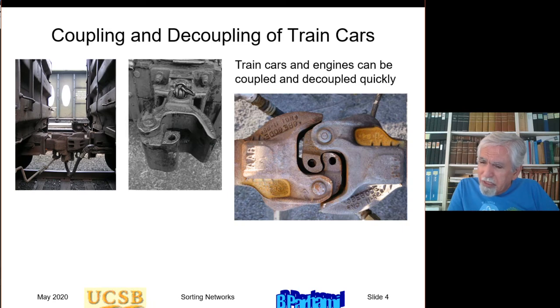Simply push them against each other and just manually insert this U-shaped pin to hold those things in place. And then once you want to disengage, you just remove that U-shaped pin and just pull the cars apart, and they come undone.